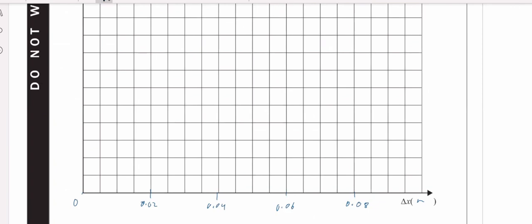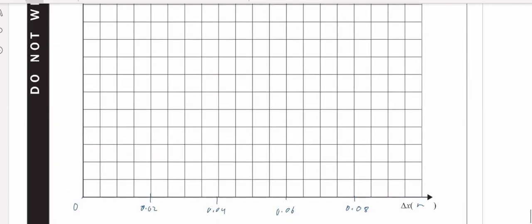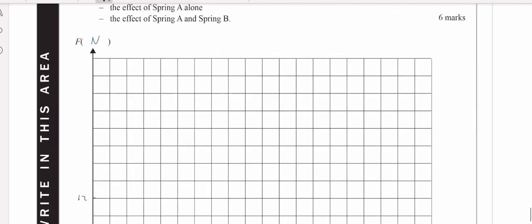Now we can go 2 newtons, 4 newtons, 6 newtons, 8, 10, 12, 14, 16, 18, and 20.